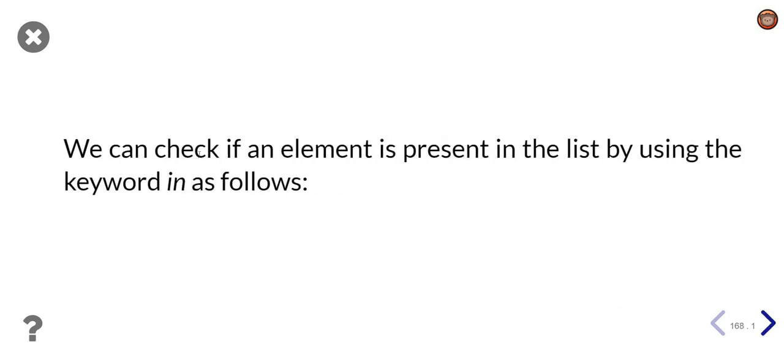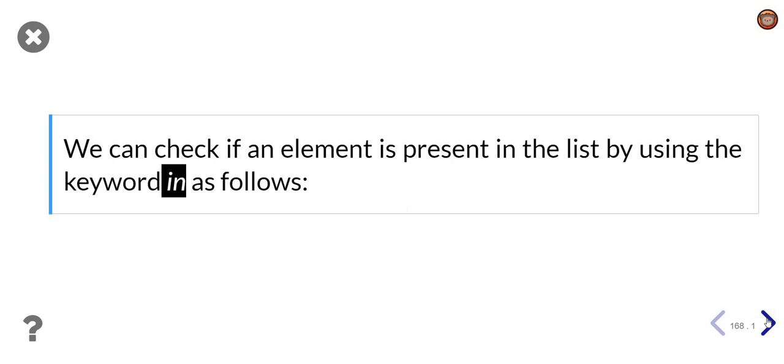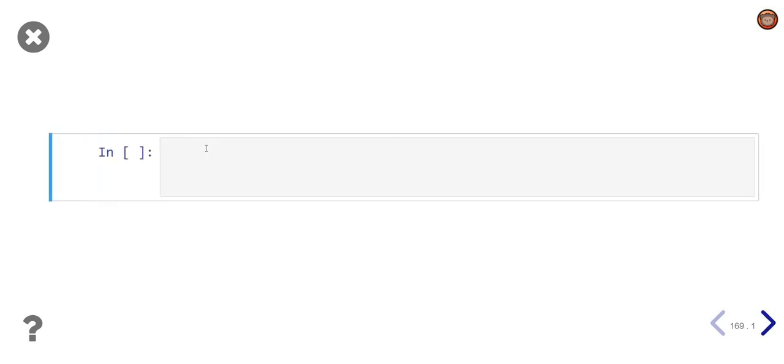So in a list, you can also check if an element is present by using the keyword in. So we can put if, let's say, apple. Currently apple is not in, right?